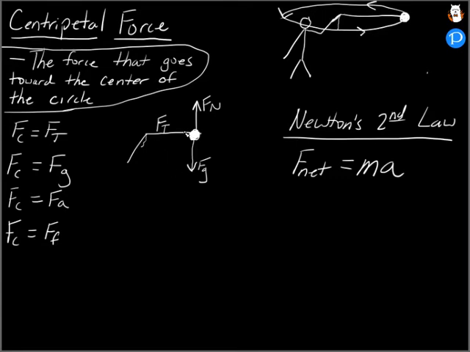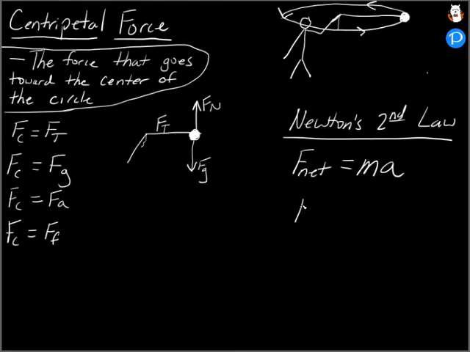It's accelerating inwards, and according to Newton's second law, the acceleration is always in the direction of the net force. And so the net force in this case is the centripetal force. So what we can do is rename this to work for our circular problems here.